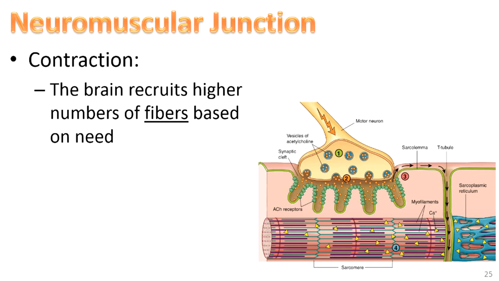But the way that your brain does that, the way your body does that is by recruiting a different number of muscle fibers. So if you need to lift something very heavy, we recruit a higher number of muscle fibers. If you're lifting something light, like a piece of paper or just nothing at all, just lifting your arm, for example, your brain doesn't recruit as many of those muscle fibers.